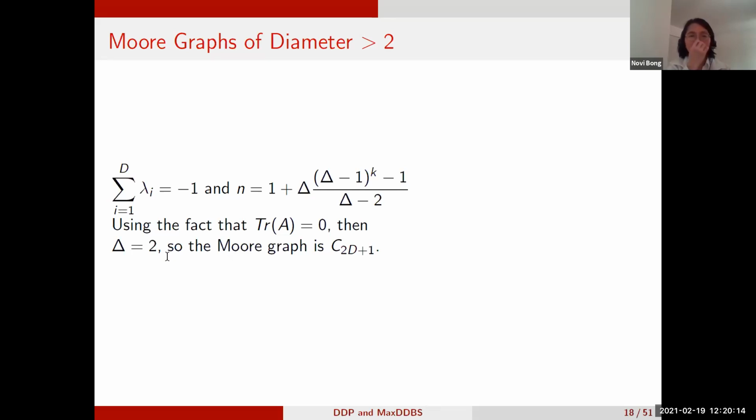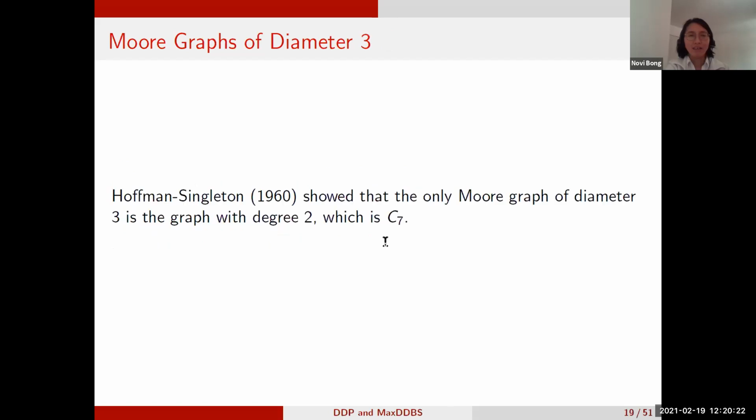But in this case, when delta equals 2, the Moore graph is just the odd cycle. And Hoffman and Singleton, in that previous paper, also showed that the only Moore graph of diameter 3 is the graph with degree 2, which is the C7.